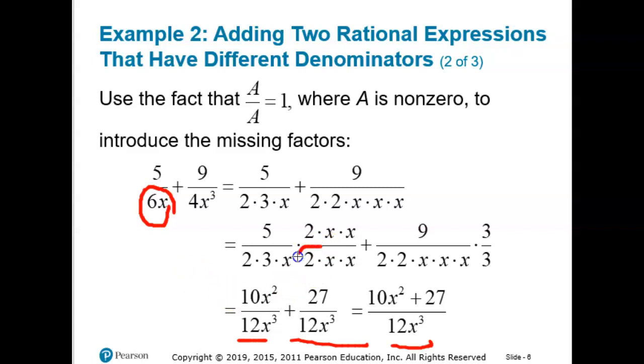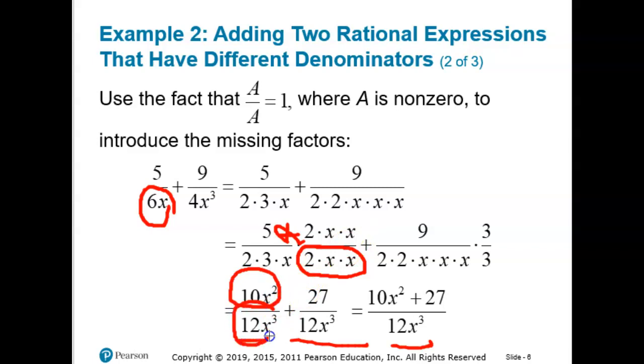We need to multiply 6 by 2 and x by x squared. If we multiply the denominator by 2x squared, we must multiply the numerator by 2x squared. So 5 times 2 times x squared is where this 10x squared comes from.